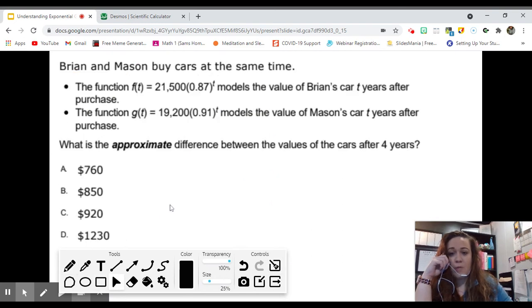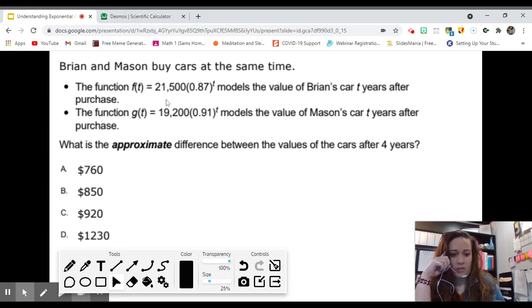Okay, so this is one of the last ones. I think it is the last one. It is. Brian and Mason bought cars at the same time. The function f of t is 21,500 times 0.87 to the t power, and models the value of Brian's car t years after purchase.